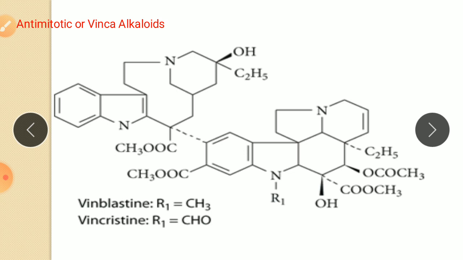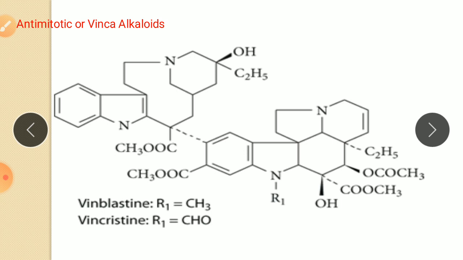When these drugs bind to the high affinity binding site, they prevent the shortening and elongation of the mitotic spindle, which is important for cell division. If the drug binds to the low affinity binding site, there is breakage of the mitotic spindle. Therefore, the cell division process is affected, which leads to cell death. So this is the mechanism of action of antimitotic drugs or Vinca alkaloids.